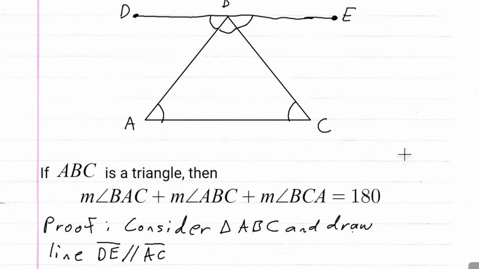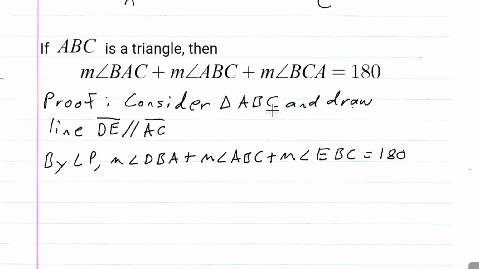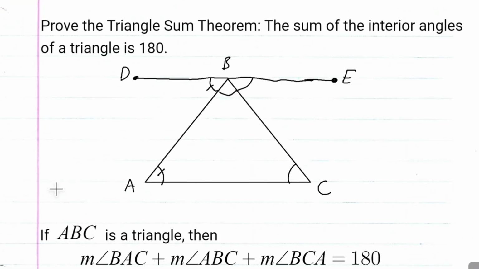Now the reason I drew this line parallel to AC is because AB acts as a transversal between DE and AC. So if AB is a transversal, these two angles are congruent. That's by AIA, the alternate interior angle theorem.